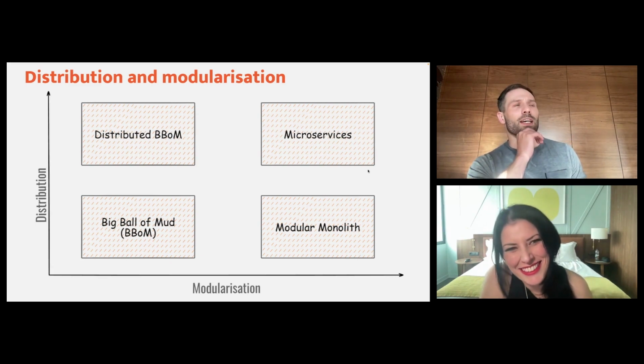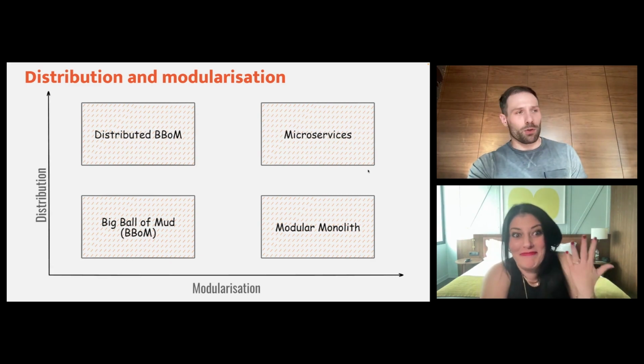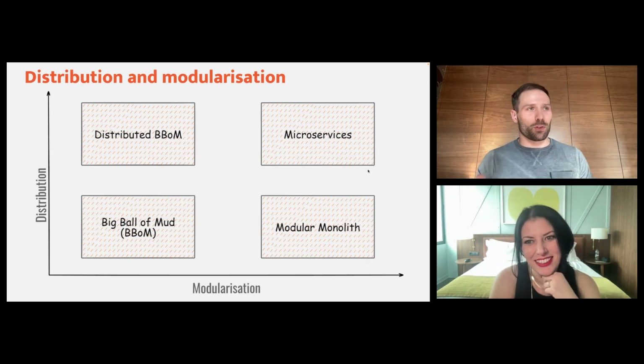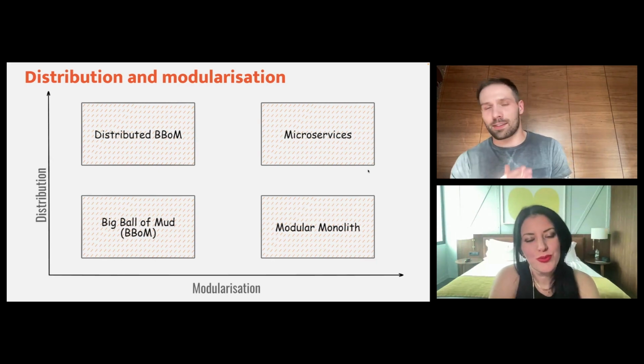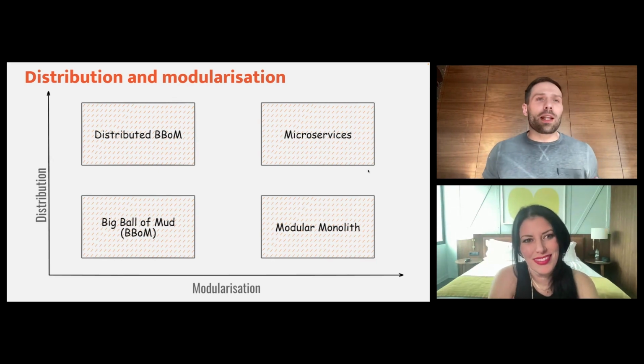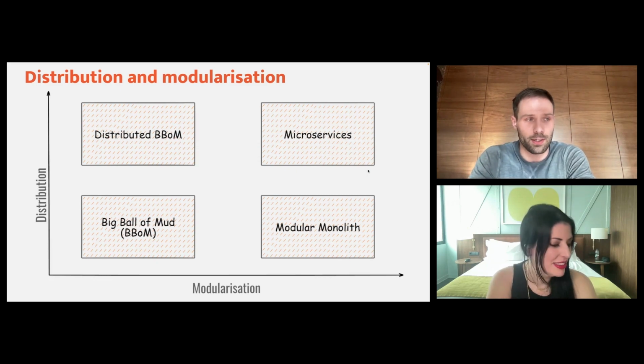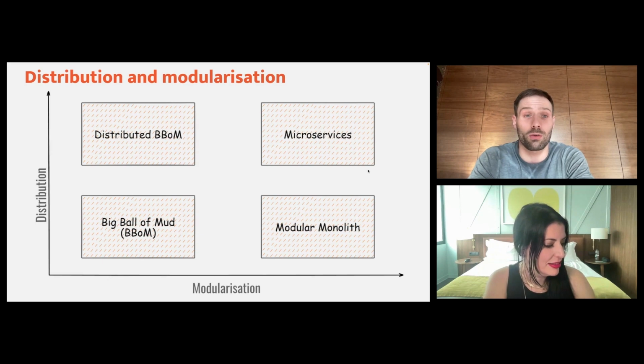So I think we stole this slide from, I think, Simon Brown, but it's so cool that I can't do anything else when it comes to talking about distribution and modularization. We need that slide. That's the slide. We can ask at least two different questions about the system we are working on.